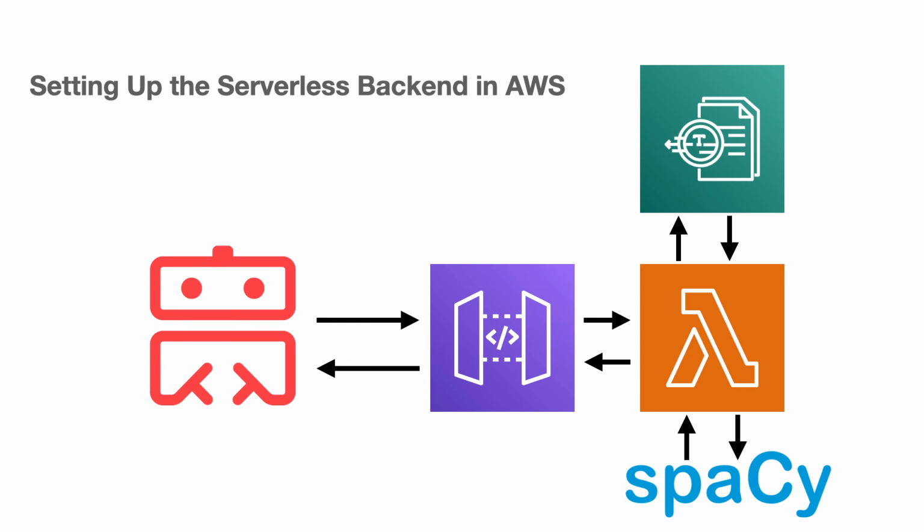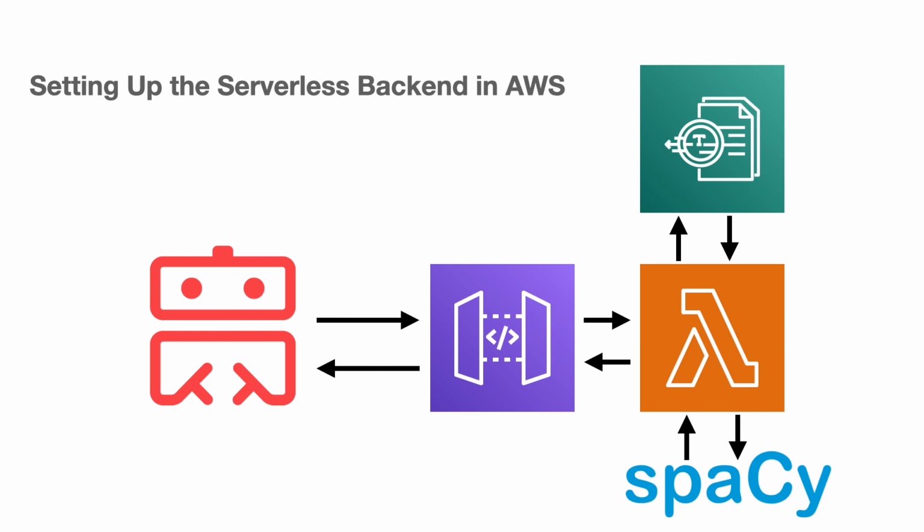So we're going to set up a serverless backend in AWS, where when our Autopilot receives a request, it's going to push that information into an AWS API Gateway, which is going to push that request into a Lambda function. And that Lambda function is going to handle the Textract processing, as well as apply our NLP model to those Textract results. And it's going to provide back our list of recipe ingredients.